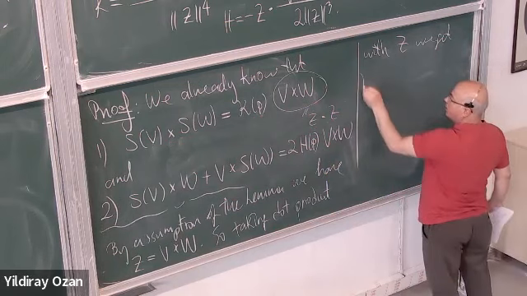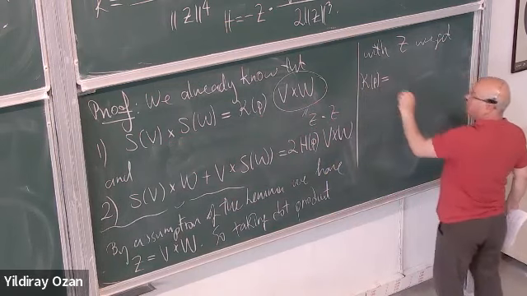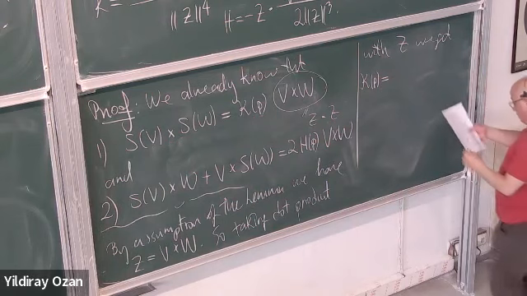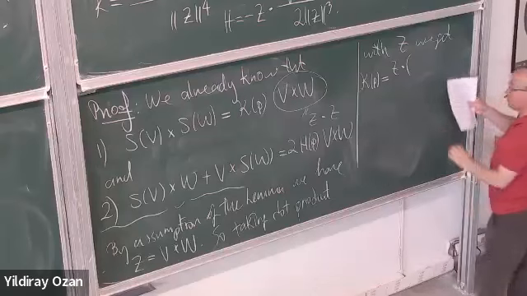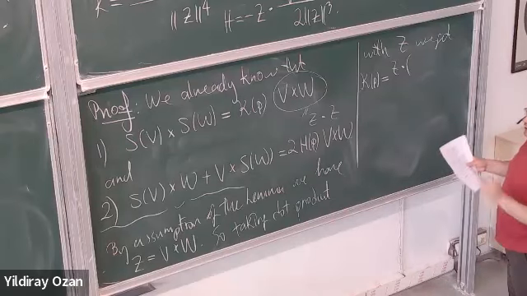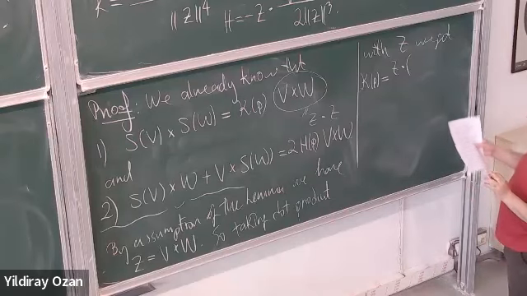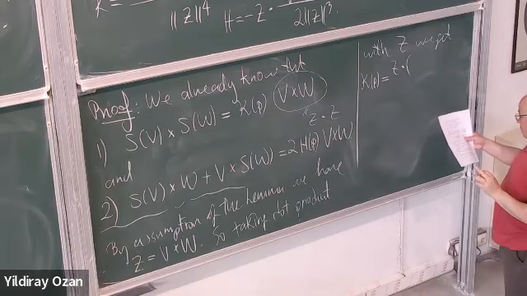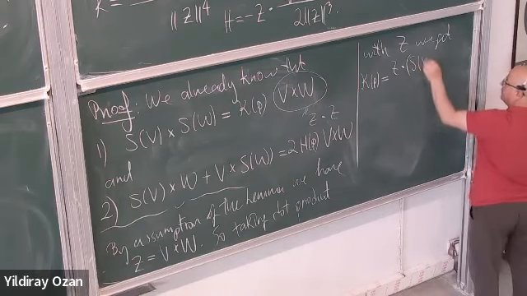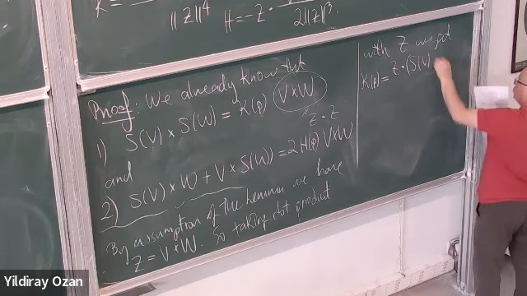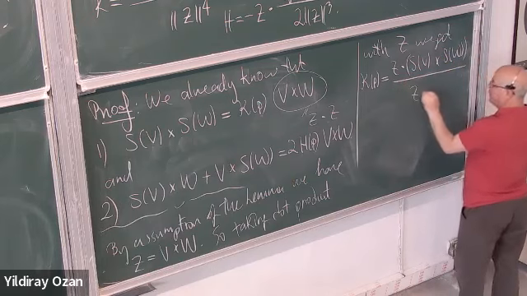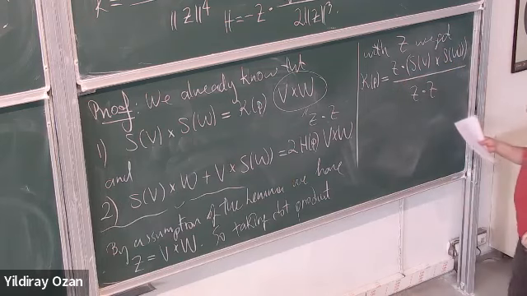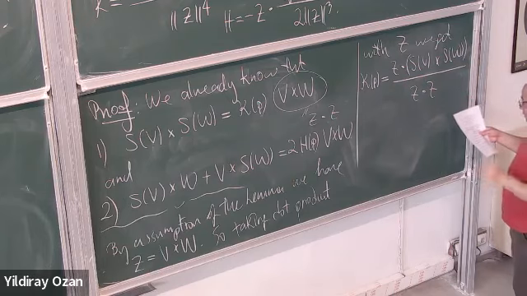So we get kappa P is just that product with Z of this expression, SV cross SW, divided by Z dot product with Z. All right.